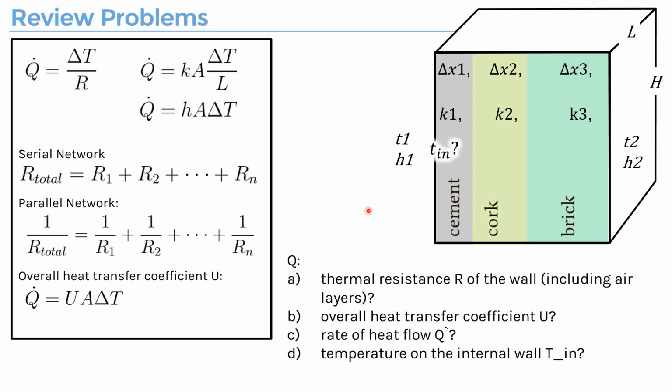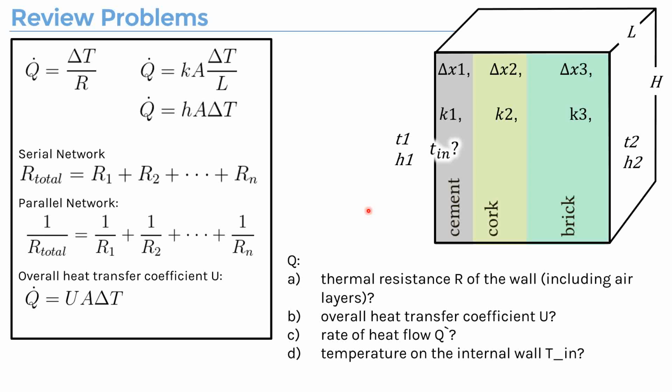Actually on this part, the resistance is caused by convection only, because between T1 and Tin there is only convection resistance, no conduction. That's the surface temperature. So in that case, because it's a serial network, the Q dot you get is the heat transfer rate throughout this system, but it also equals the individual Q dots. So it equals Q1, but Q1 is calculated from the temperatures T1 and Tin.